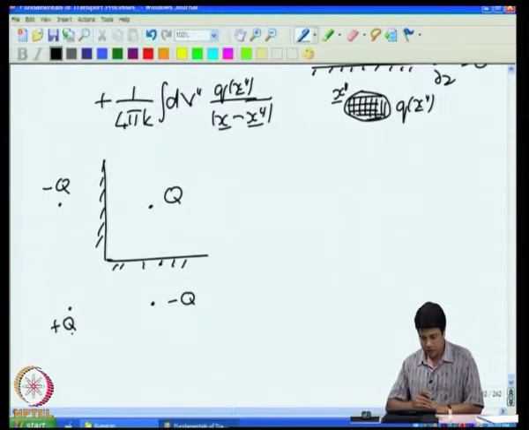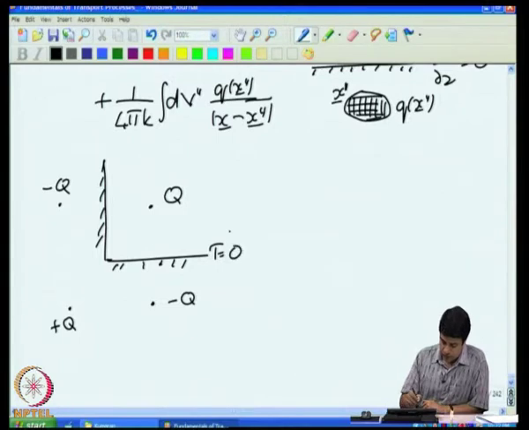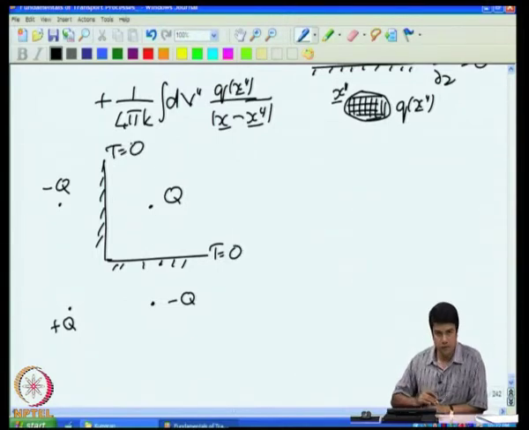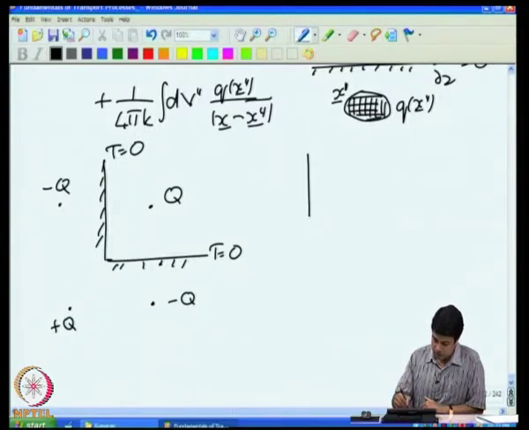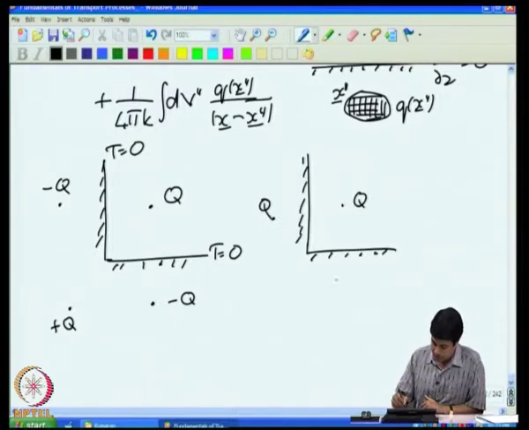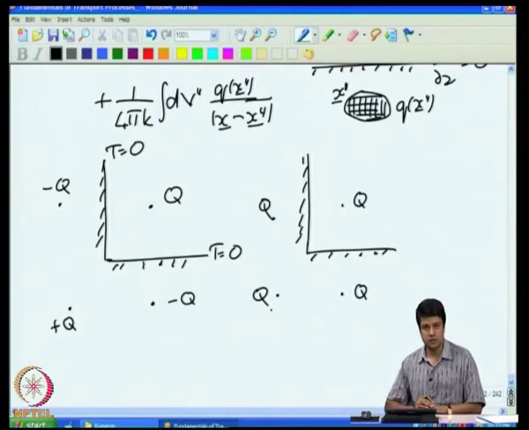This will ensure that T is equal to 0 on this surface and T is equal to 0 on this surface. If I had 0 flux boundary conditions, then I could ensure that by putting plus q here and plus q here, in order to get 0 flux boundary conditions, and combinations of these.